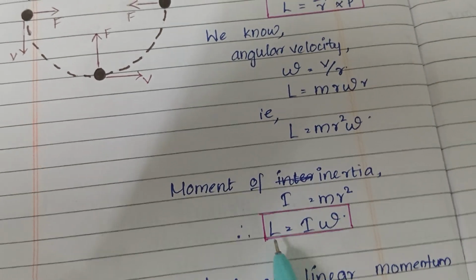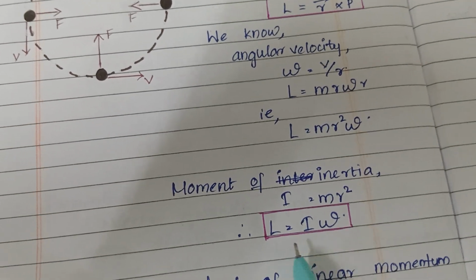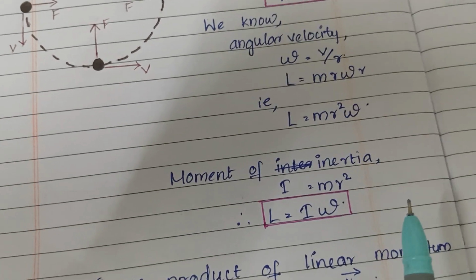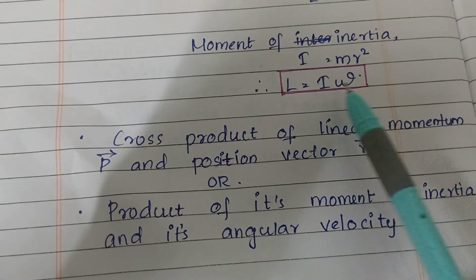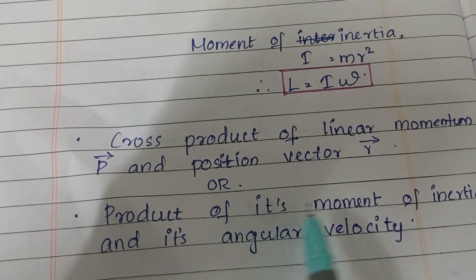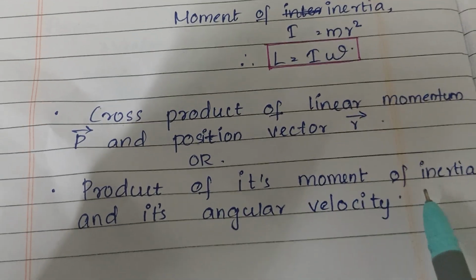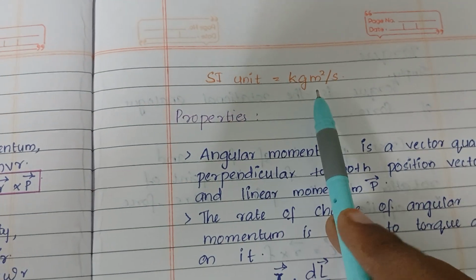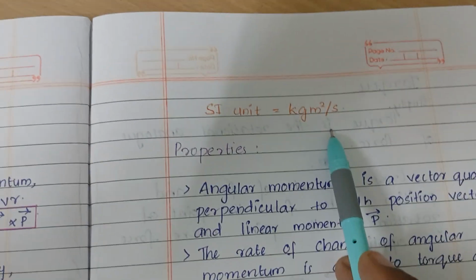So we get the equation L is equal to I omega. This is the next equation for angular momentum. So we can define angular momentum as the product of moment of inertia and angular velocity. The SI unit for angular momentum is kilogram meter square per second.